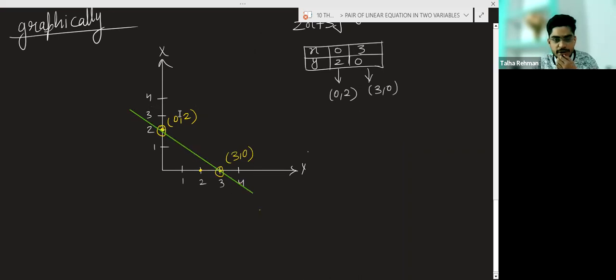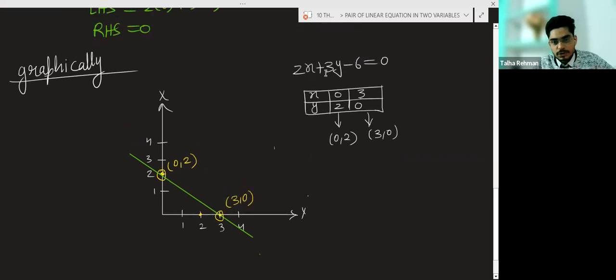So basically what are you getting? A straight line. 3 comma 0 is a solution of this equation, 0 comma 2 is also a solution, and both these points are lying on the line.